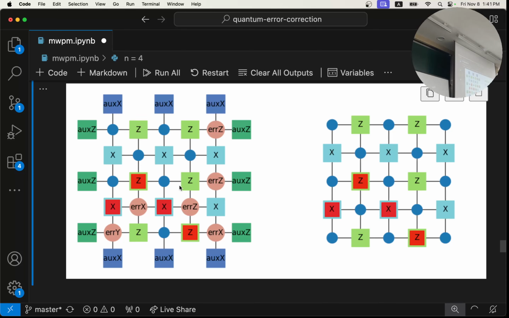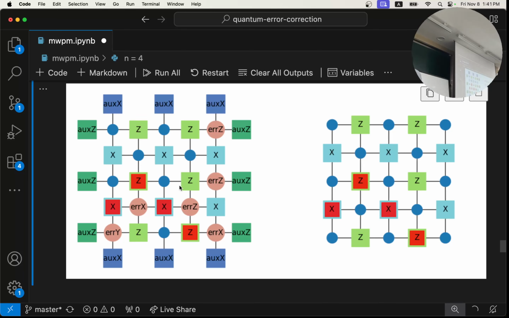Here, I mentioned that these four stabilizers, marked in red, are the only stabilizers whose readoff changed. What you actually see in a real situation is only this stabilizer information, that only these stabilizers have changed their readoff.